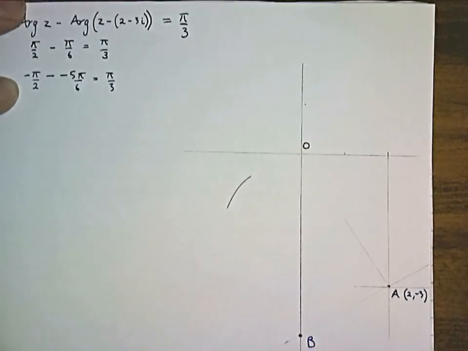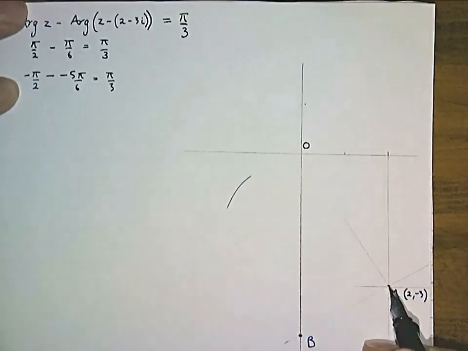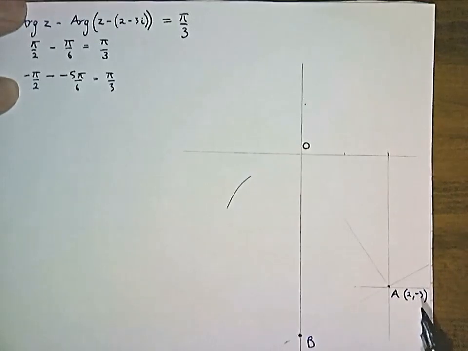Now, if we want to find the Cartesian equation of this locus, then we're going to be looking for the Cartesian equation of the circle, and then we'll limit it in some way. So the first thing is we've got to work with our knowledge that if you have a circle and two chords of that circle, then their perpendicular bisectors will meet at the center of the circle.